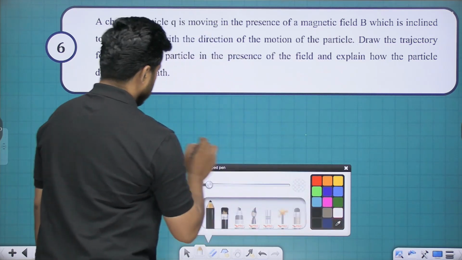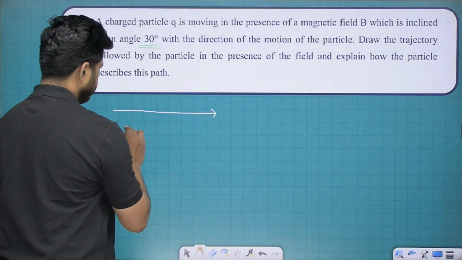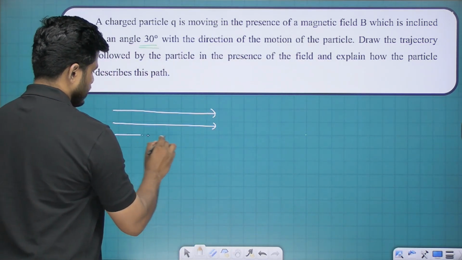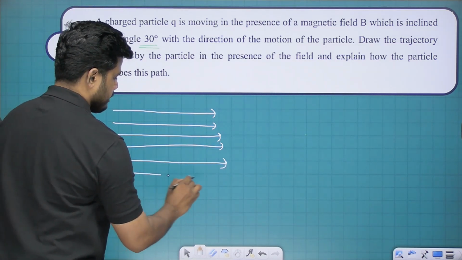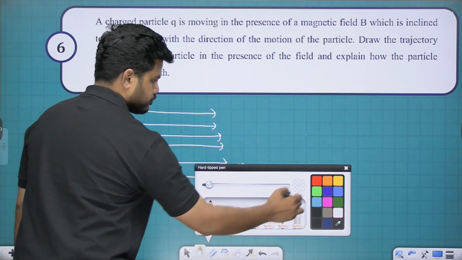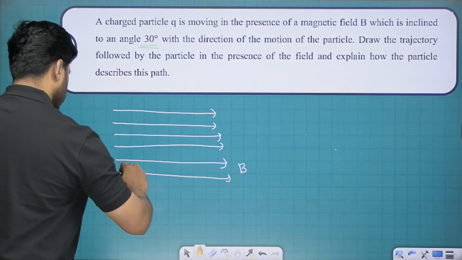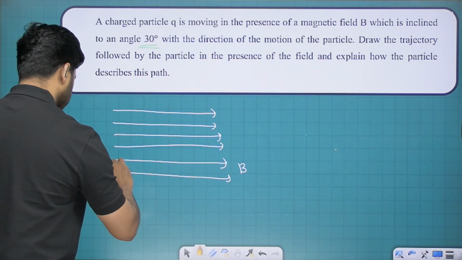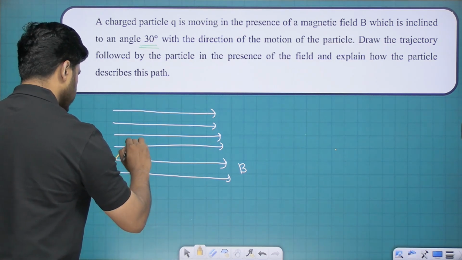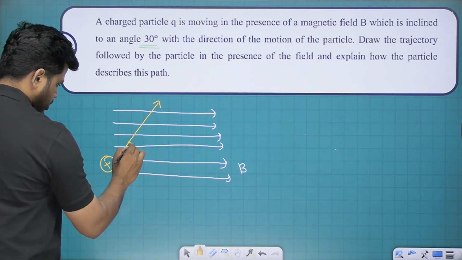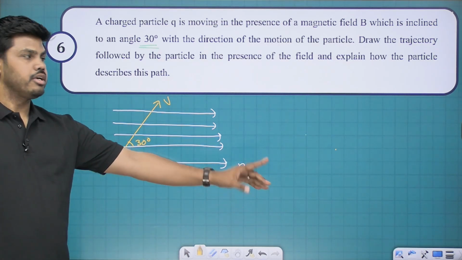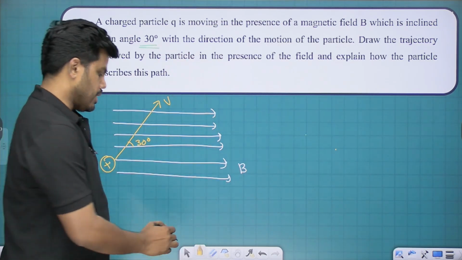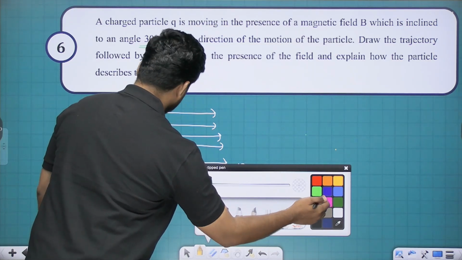If you have a uniform magnetic field B present in this region, and into that magnetic field a charge enters making an angle of 30 degrees with the direction of the magnetic field, what will be the path followed?